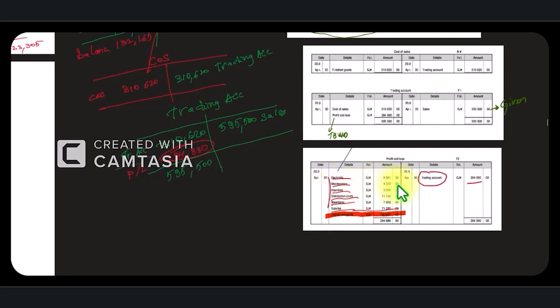You take all of these into account, and therefore we can work out the actual net profit. The total of the profit and loss is here, and to find the net profit, we take the total gross profit that we got, minus these other expenses, and then we get the actual net profit, right? So this is how you set all your accounts.